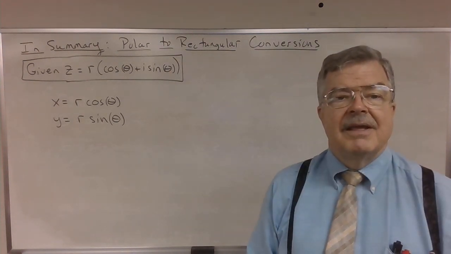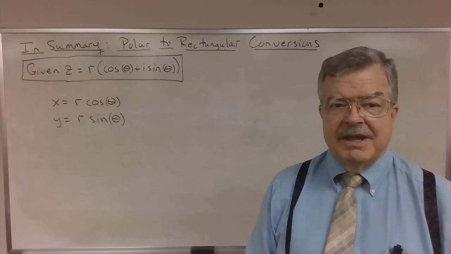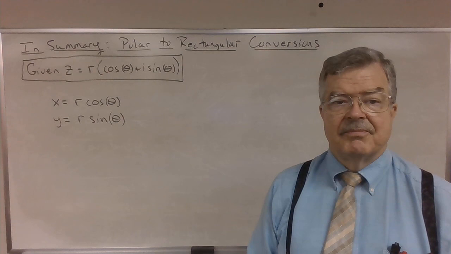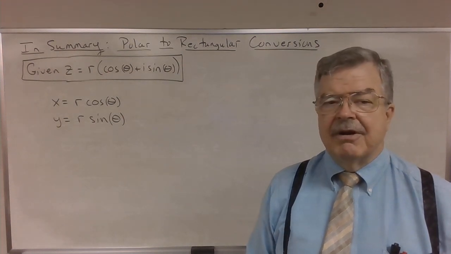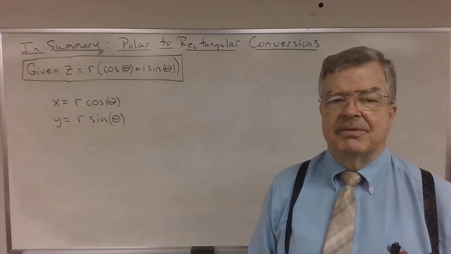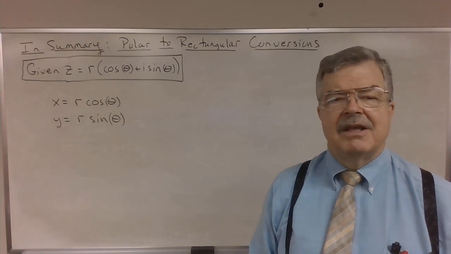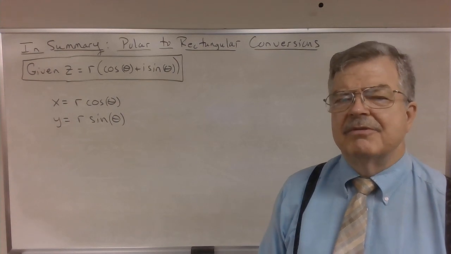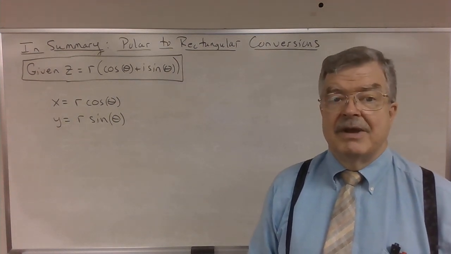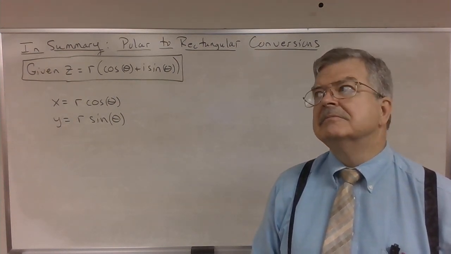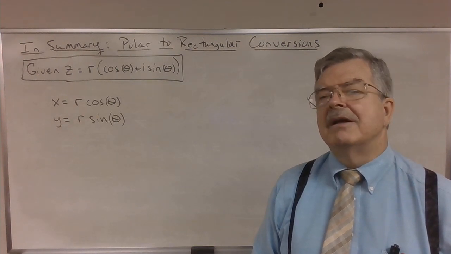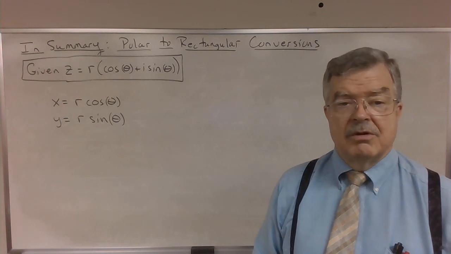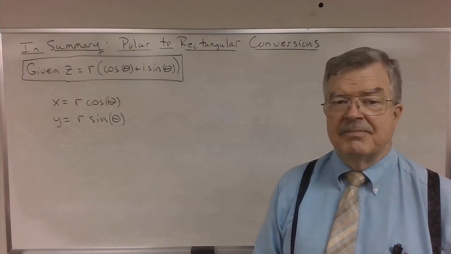Multiplication and exponentiation in polar form are easy, as are taking nth roots. How do you take the square root of a complex number? How do you compute the cube root of a complex number in rectangular form? I'm not sure. In polar form, it's really easy.